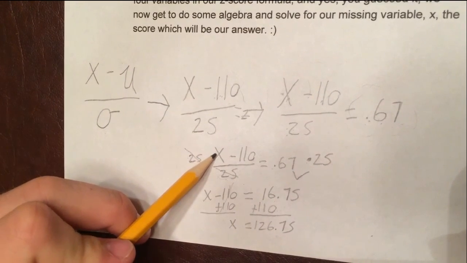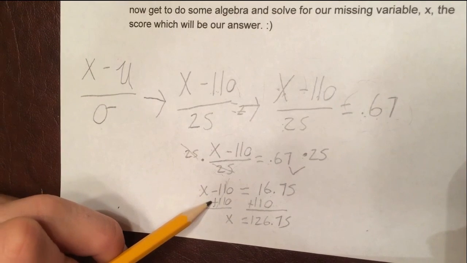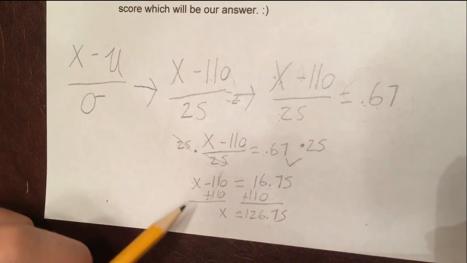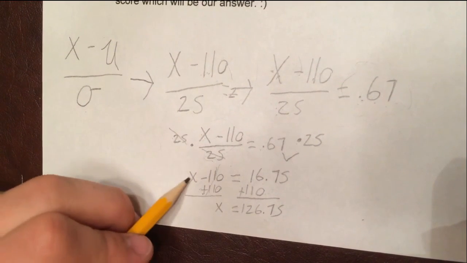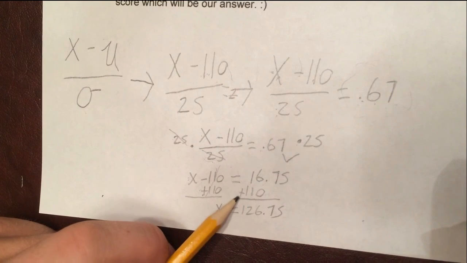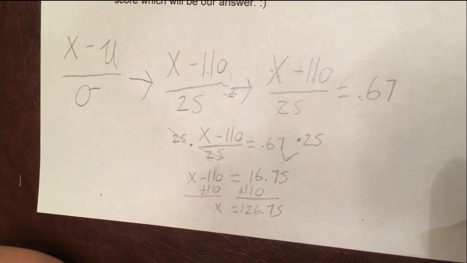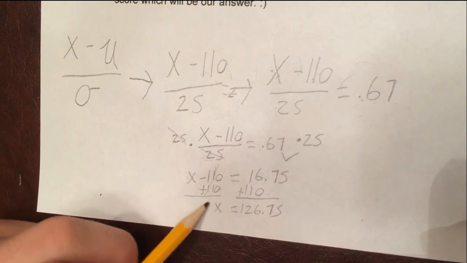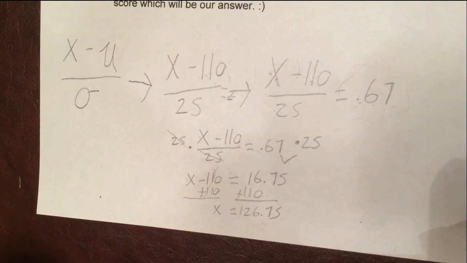And then we carry our x minus 110 down, and then you add both sides by 110 to get rid of this 110 to get our x by itself. Then our 16.75 plus our 110 will give us our 126.75, which is equal to x, which is what we were looking for, which will be our answer.